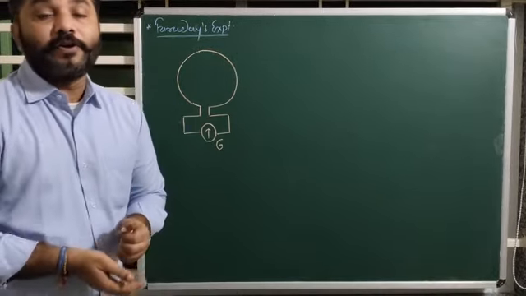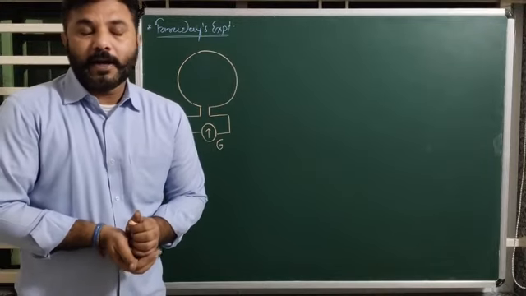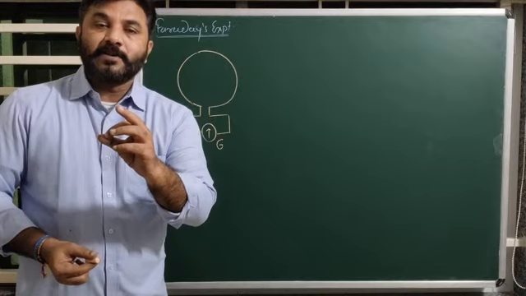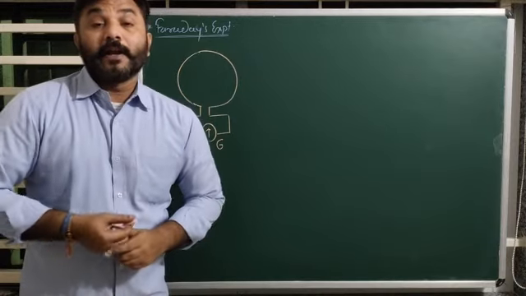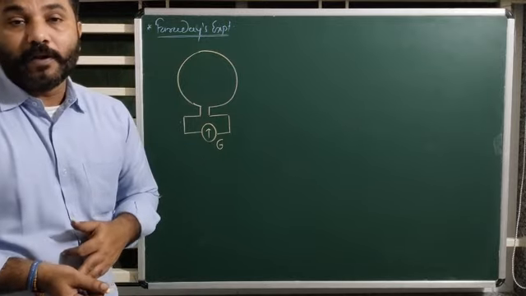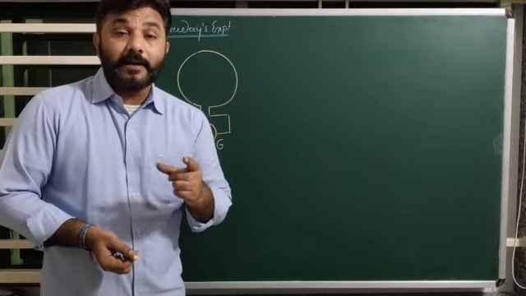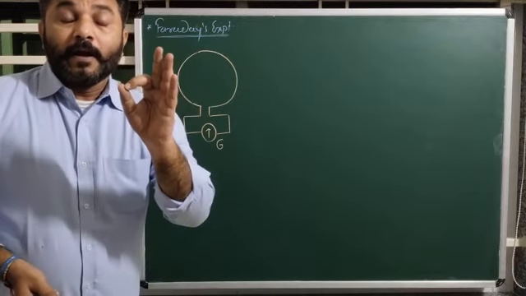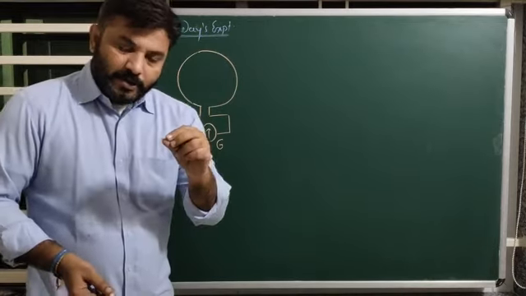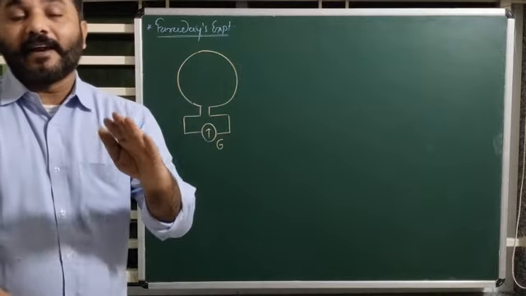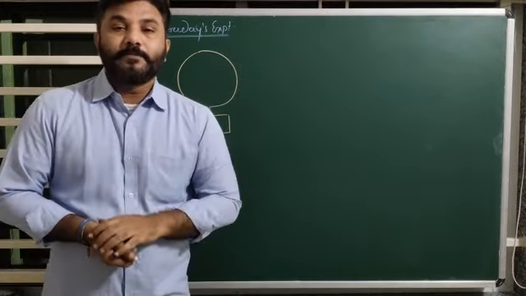What is the use of a galvanometer that we have seen? A galvanometer is used to detect as well as to measure the electric current. It is so sensitive that it can measure 10 to the power minus 11 ampere, which is the smallest value measured by the galvanometer.